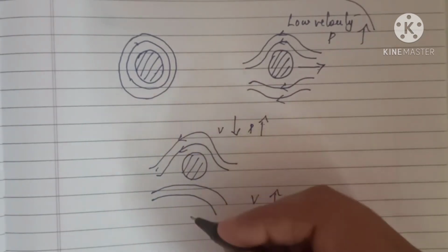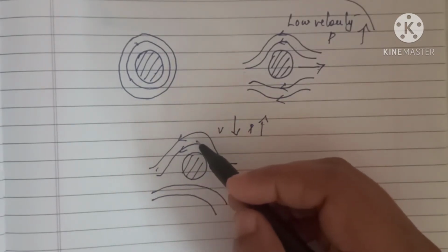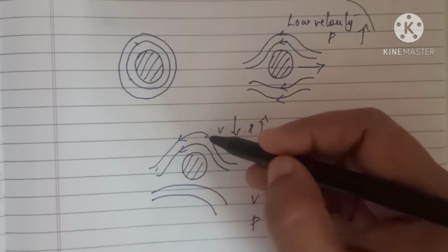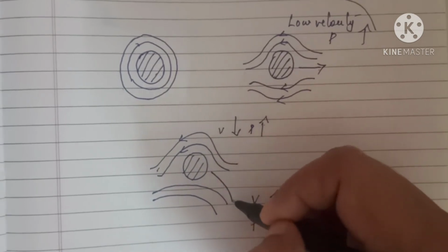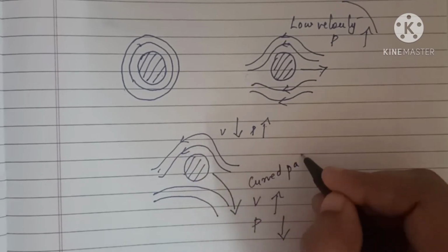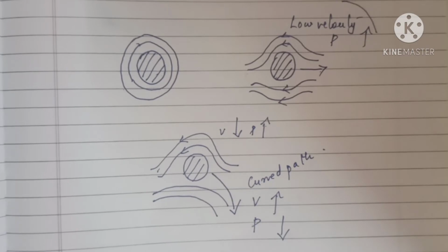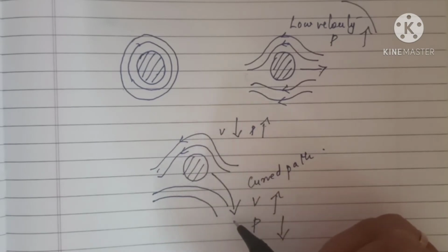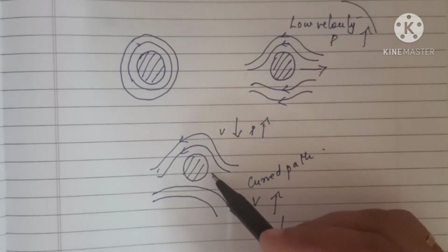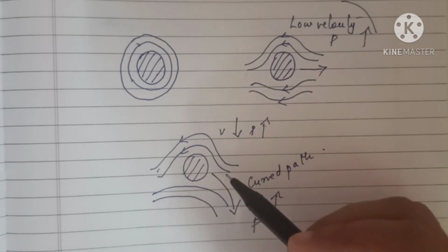So there is a change in pressure. Here the pressure is small, here the pressure is what? Large enough. So there will be a force from the upper side, so that it will follow a curved path. Understand? This is because of the difference in pressure which causes the spinning ball to take a curved path, and it is always convex towards the greater pressure side.